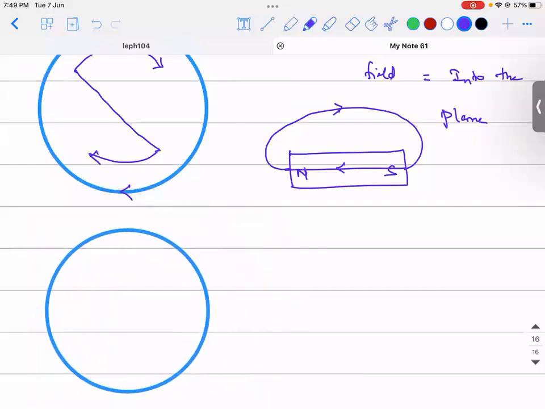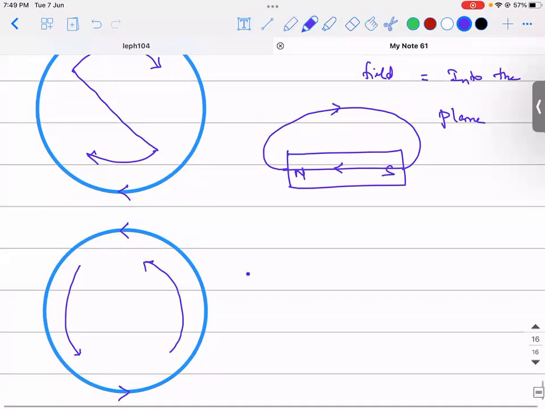In a similar way, if the current is flowing in the anti-clockwise direction, then the magnetic field will be out of the plane. Since this is the one which is releasing the magnetic field, it will act like a north pole.